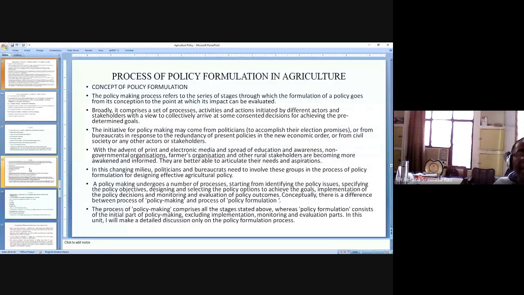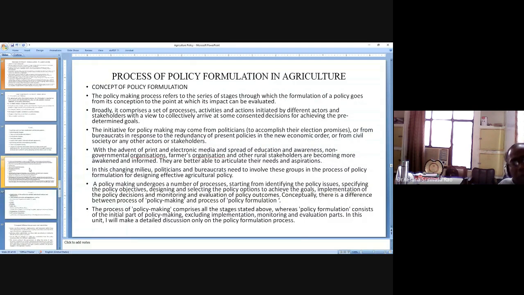Who are the actors and who are the stakeholders is the most important thing: how to start policy making, identify policy issues, specify policy objectives, design it, select policy options to achieve the goals, implement policy decisions, and monitor and evaluate policy outcomes. Then, the difference between the process of policy making and the process of policy formulation.